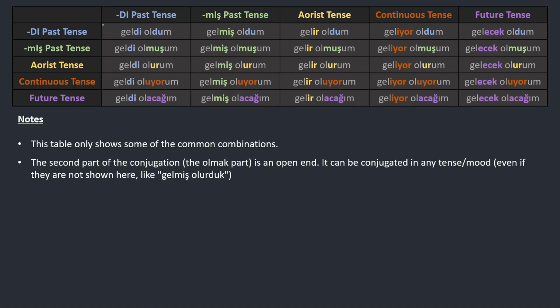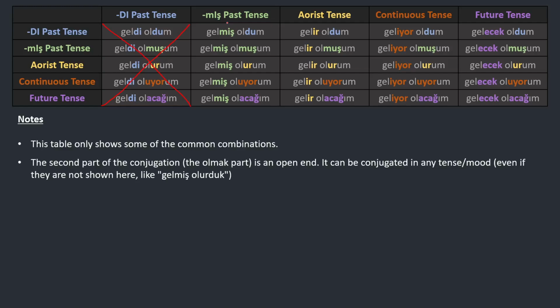But I have good news for you, because it's not like a favor, it's something that is a fact, it is what it is. You don't really need to memorize this part. This is not used at all. Just forget about this. I will be eliminating the uncommon ones or the not used ones. Okay? And the mIş part, all of it is okay. mIş is like the popular kid here.